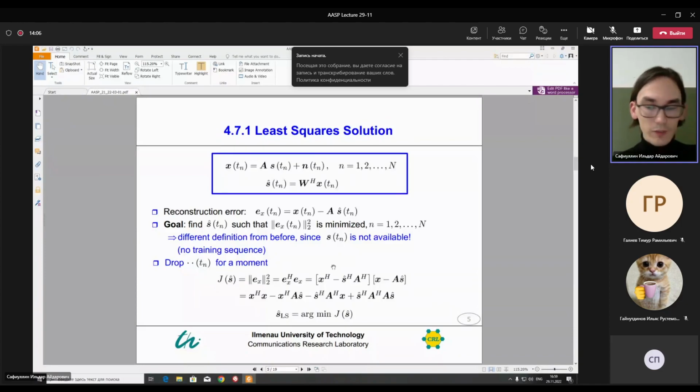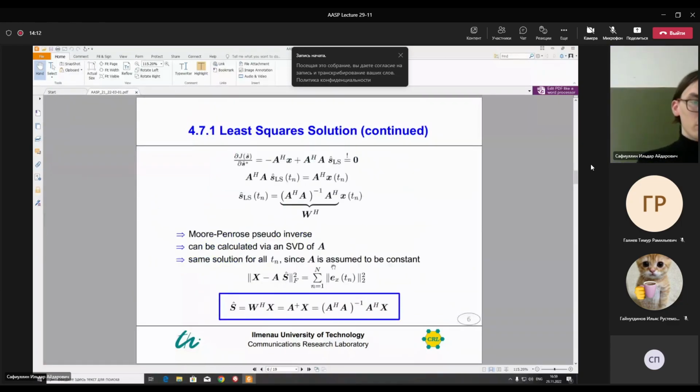S of t_m. In this case, we can use the least-squares solution, which is the simplest algorithm. We need to calculate the pseudo-inverse of A. This pseudo-inverse of A we will use as the weight vectors for this weight matrix, W Hermitian.